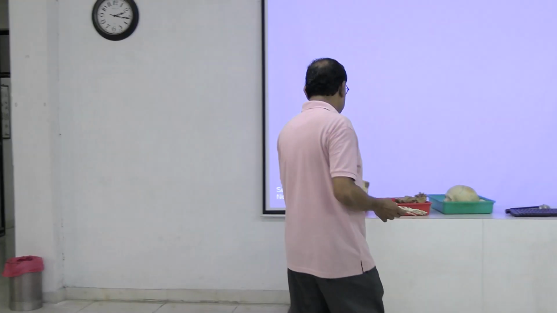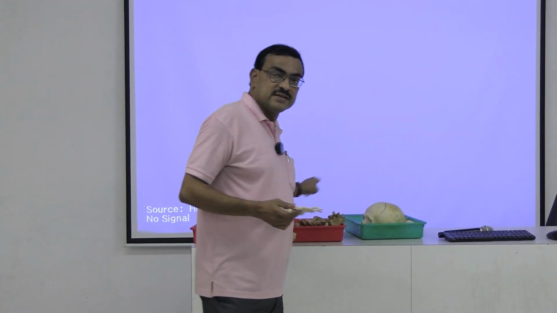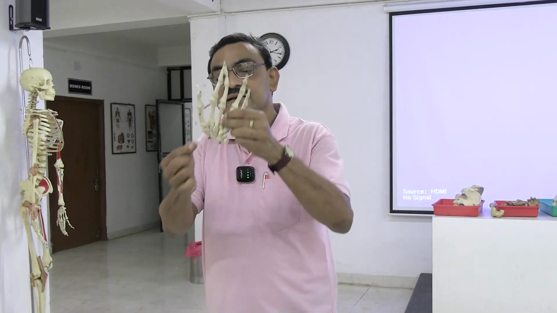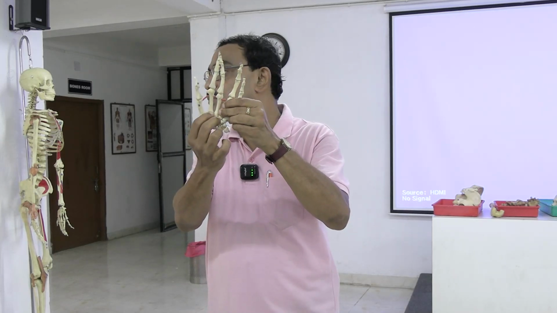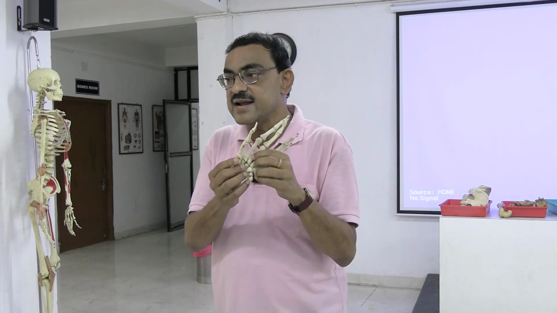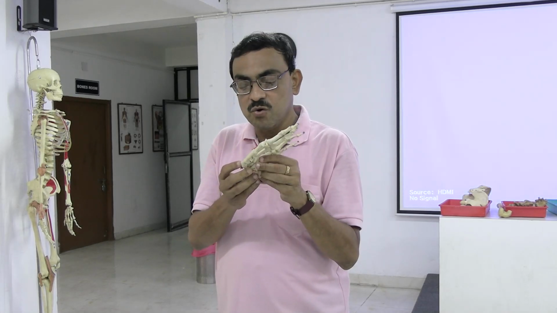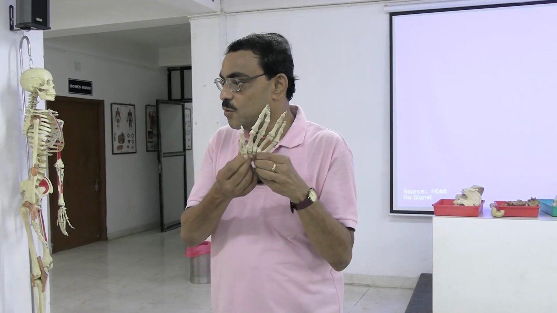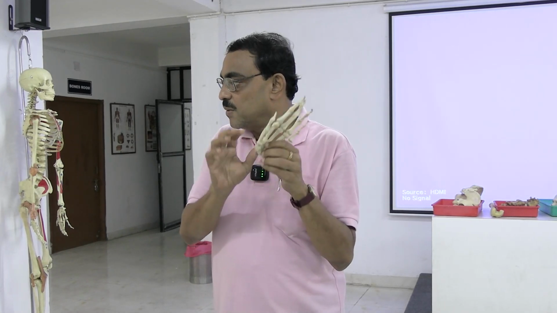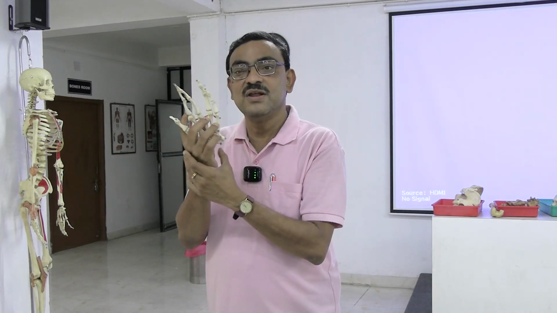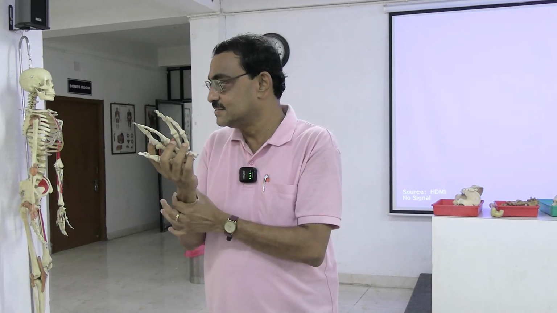Now, if there is a long bone, there should be short bones. Like these carpal bones, which actually override one another, so that we can negotiate the bangles.